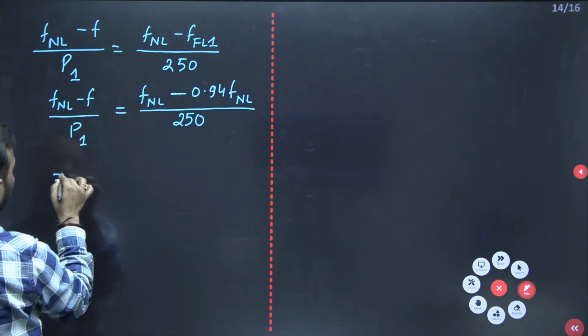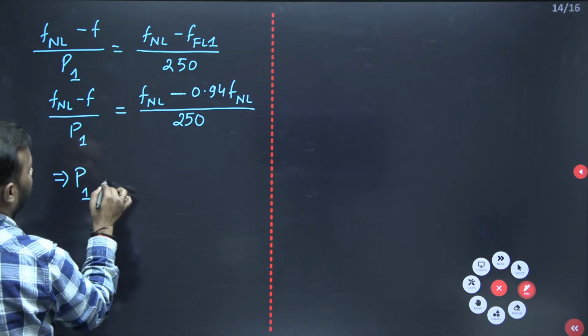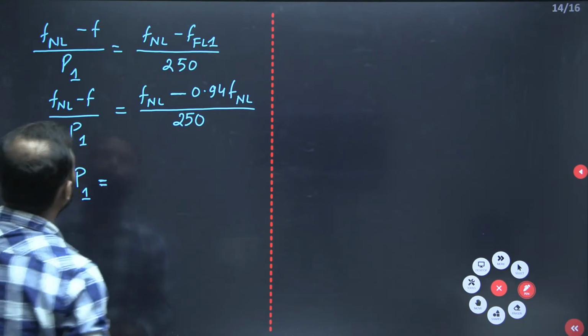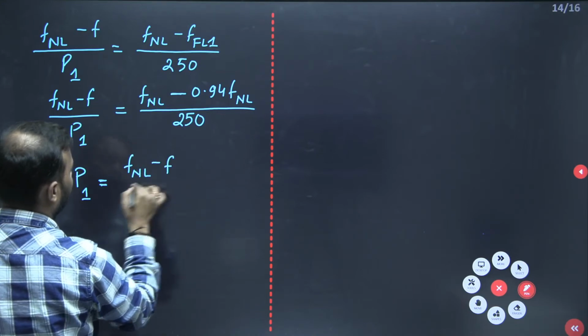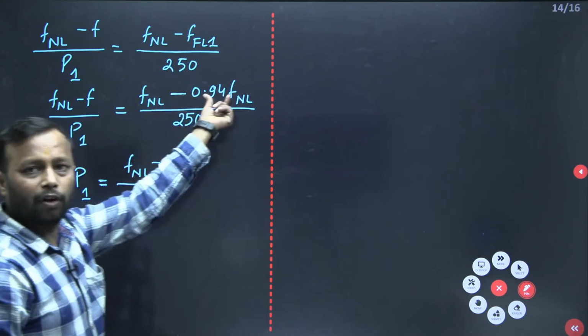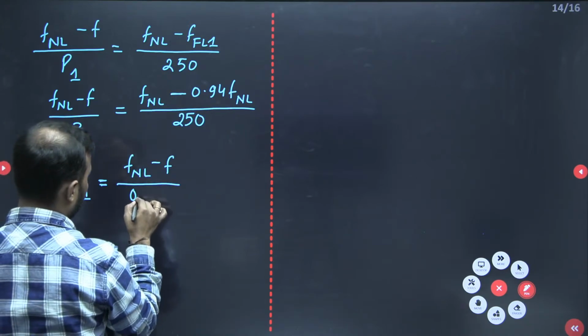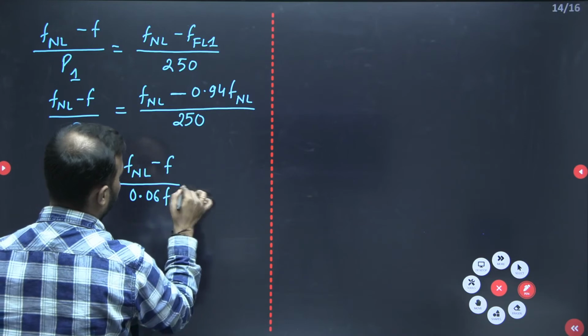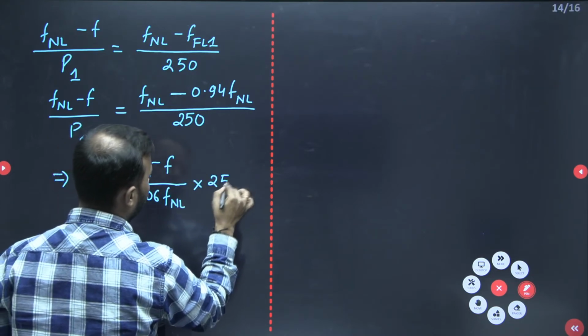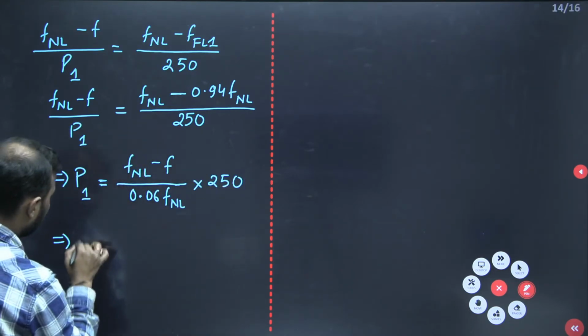So from here I am going to get P1 as equal to, quickly tell me what is coming? (F_NL minus F) whole divided by, this value will be 0.06 F_NL into 250. So let me simplify it.